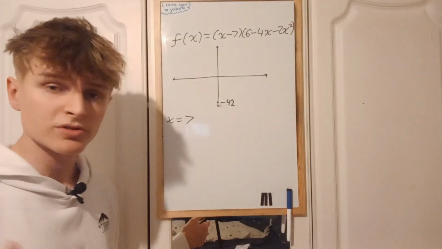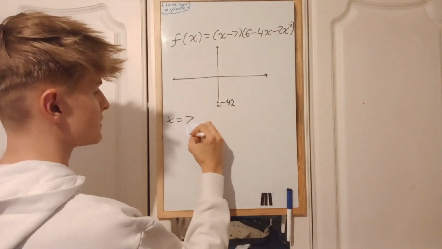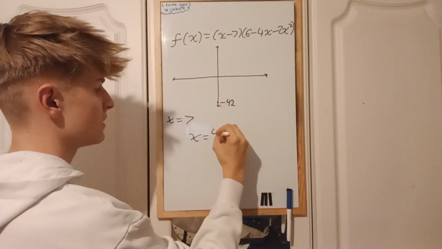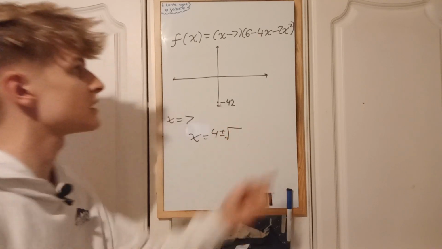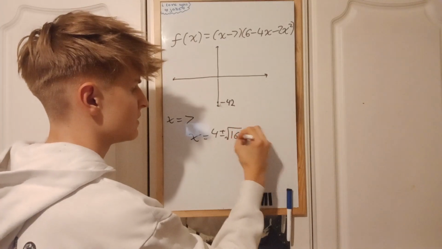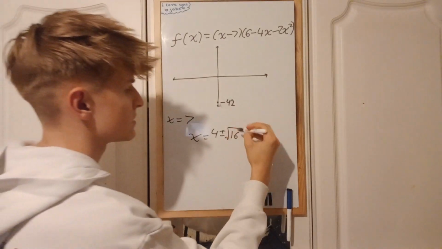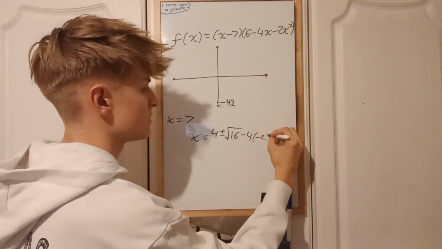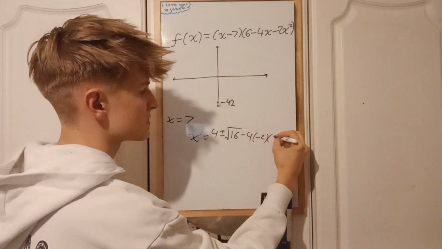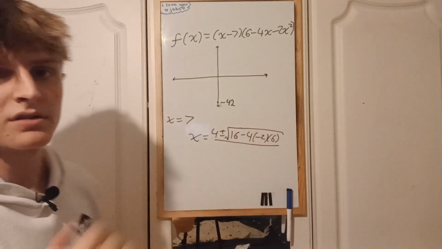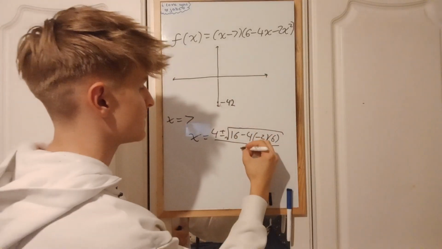Anyway, so using the quadratic formula, our values for x are x equals negative b, which in this case is 4, plus or minus the square root of negative 4 squared, 16, then minus 4 times a, which is minus 2, times c, which is 6, and then over 2a, which is negative 4.